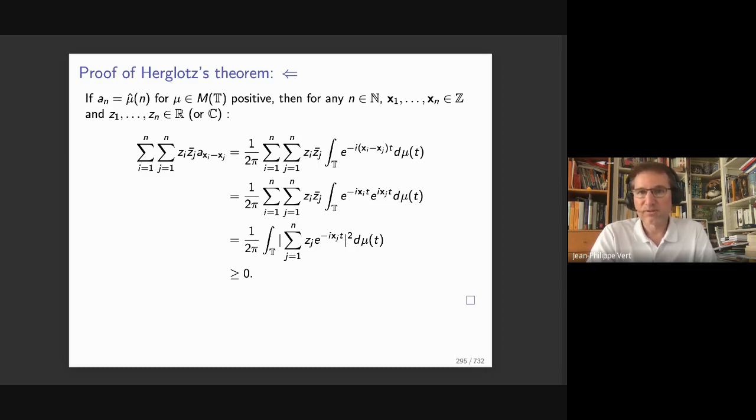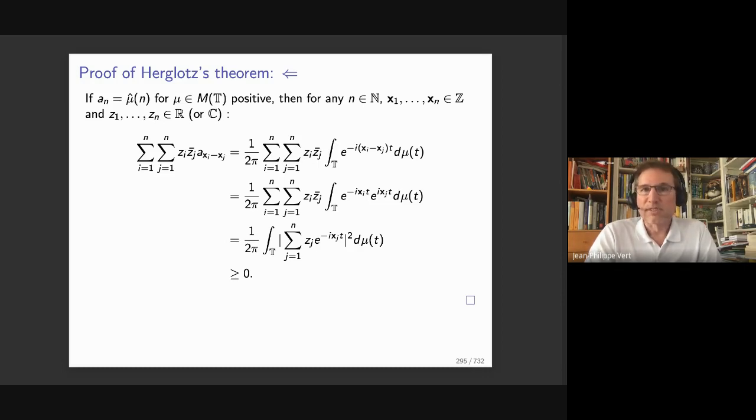It's easy, but it's super important in this proof because it allows us to separate x_i and x_j in two different terms, the product of exponentials. And then when we just invert the double sum and the integral, we can factorize the double sum and recover that what we have is just 1 over 2 pi times the integral against d mu of t of the squared modulus of a complex number, which is the sum of z_j exponential of minus i x_j t. And so because mu is a positive measure, and because the modulus of a complex number is a positive number, this integral is non-negative.